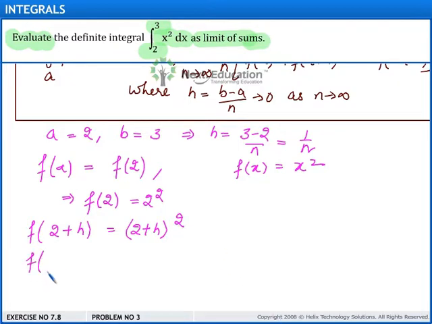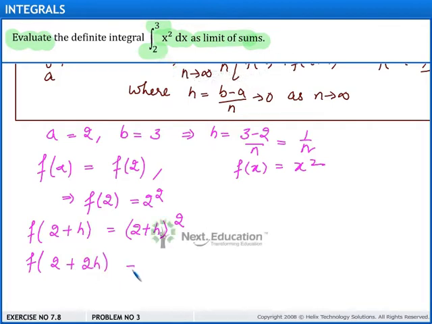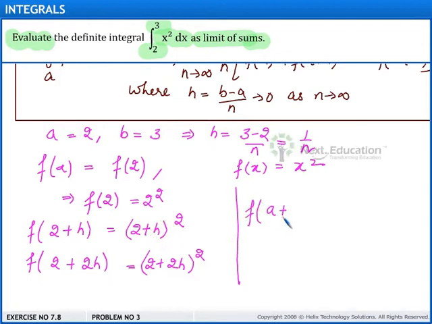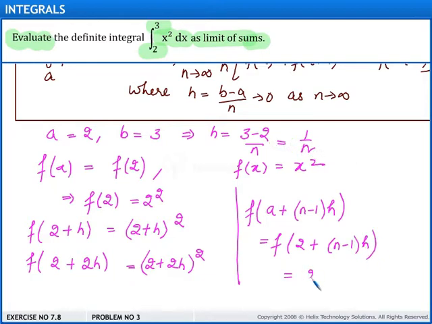Then we have f of 2 plus 2h, so this is (2 plus 2h) whole square. And finally, let us find f of a plus (n minus 1)h. So this is given by f of 2 plus (n minus 1)h, and this is given by (2 plus (n minus 1)h) whole square.